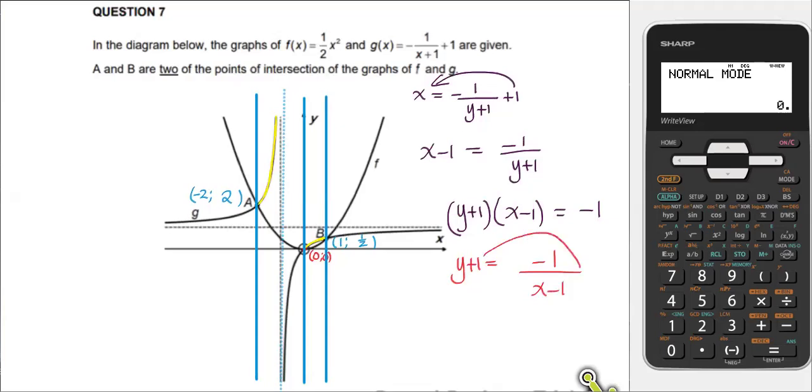Then I can bring the 1 over there. Final answer, y equals to -1 over x minus 1 and then minus the 1. That is the answer they were looking for.